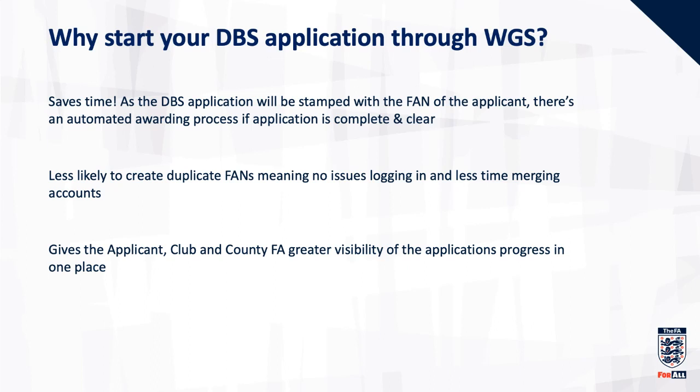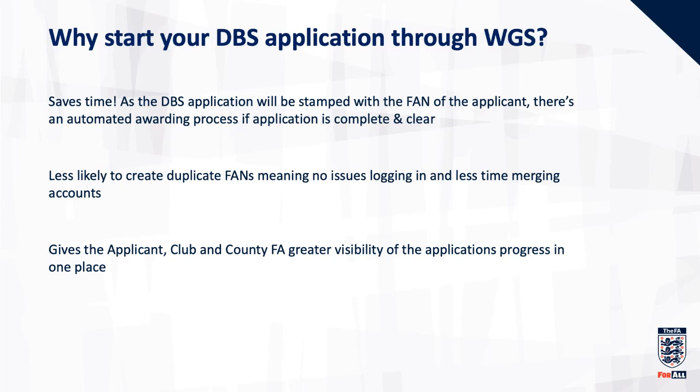So no matter what time of the day it goes through and has been approved, it will just straight away appear on the FAN record of that individual. So it just reduces that time greatly. I'm aware that from the verification of one person to appearing on their FAN record, I think our record so far is 23 hours, which we've never really had before without using the functionality through the Wholegame system.